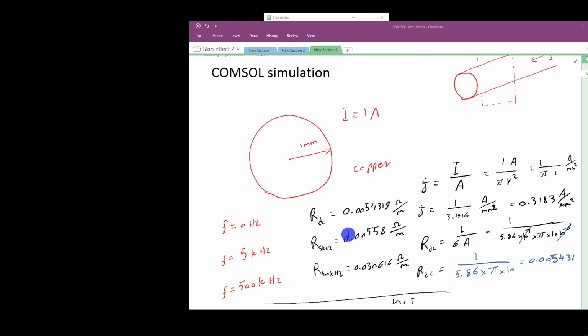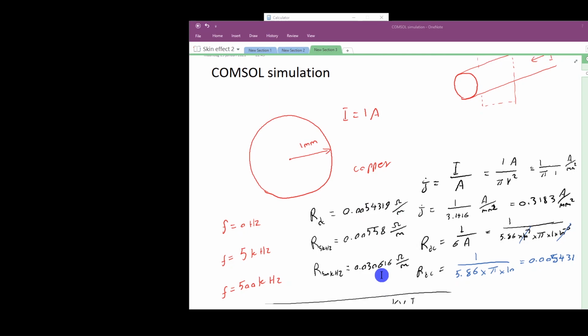The reason is that the skin depth is still covering most of these regions, so we use almost all of the cross section, even in this case. But when the frequency goes high, the skin depth decreases, and we are not using the whole cross section properly. So that's why the resistance is 0.03, which is almost 6 times higher than the previous case, the DC case.